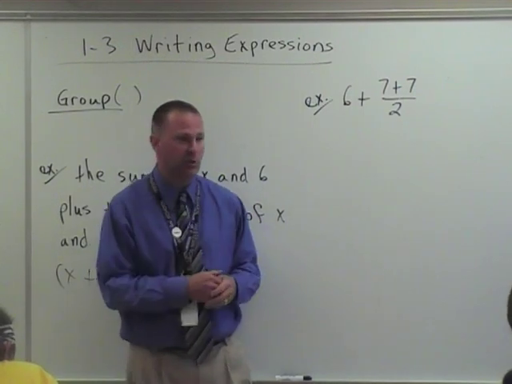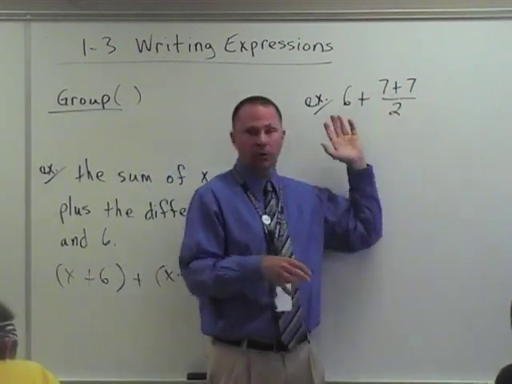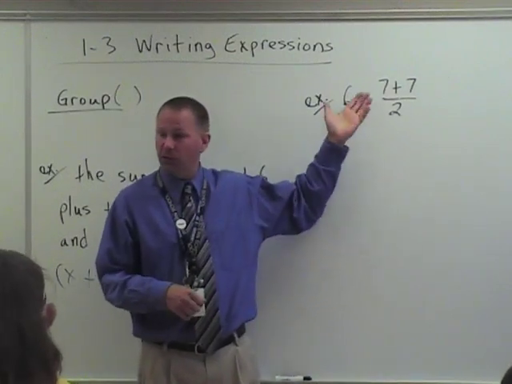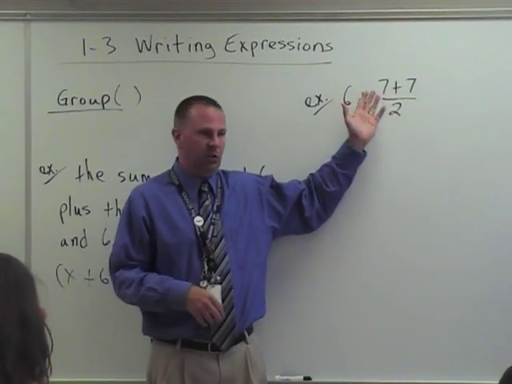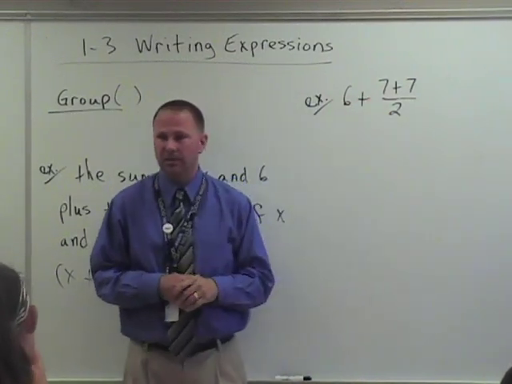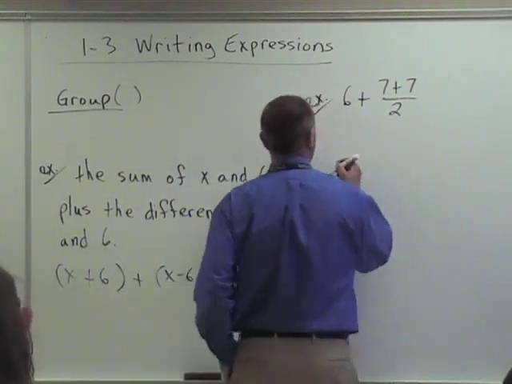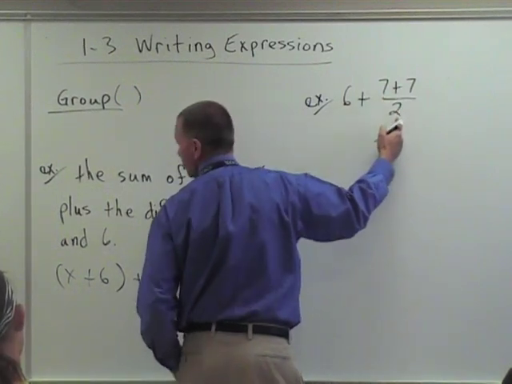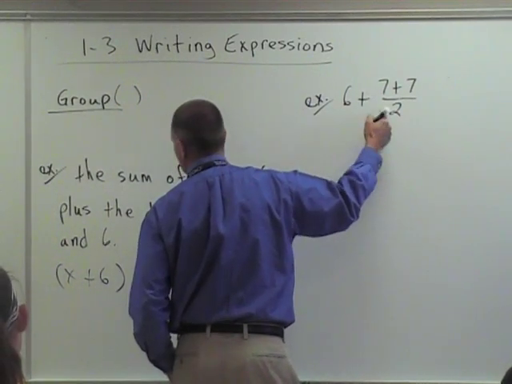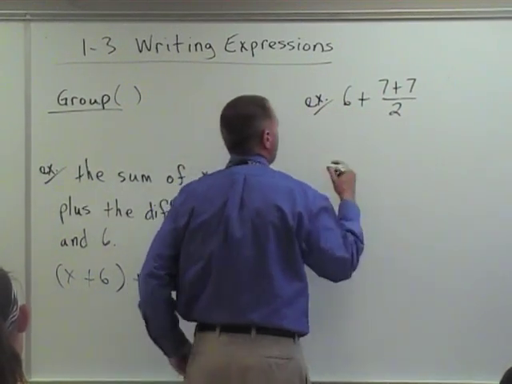So if you were actually using your calculator and you had a long string of things that were more difficult for you to do in your head than this, then you would need to make sure you put parentheses in. This is how you would put this in your parentheses, so everybody try this. First of all, the answer is 6 plus 14 over 2 is 7. 6 plus 7 is 13, so we better get 13.